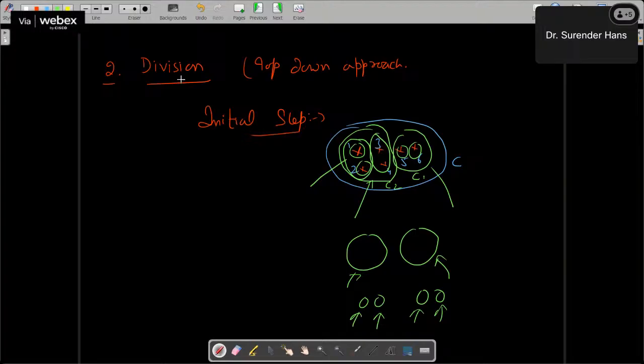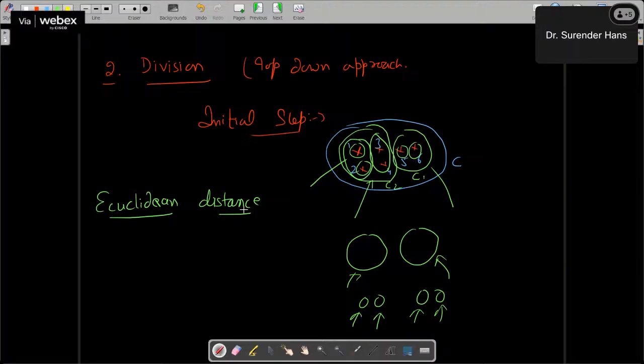We calculate the distance, that is the Euclidean distance or Manhattan distance. Based on this Euclidean distance, we decide which two data points are close to each other. If the two data points are close to each other, then the algorithm will merge the two data points into a single cluster.